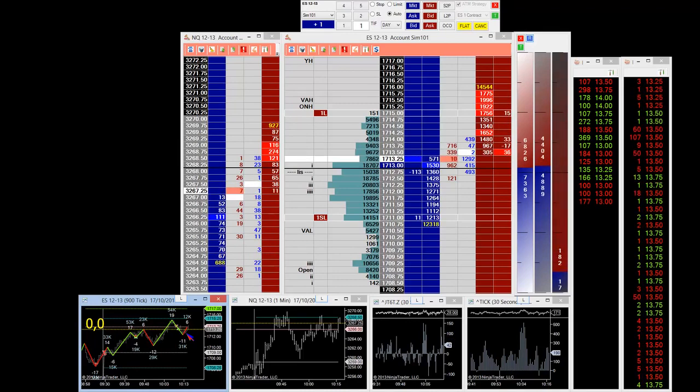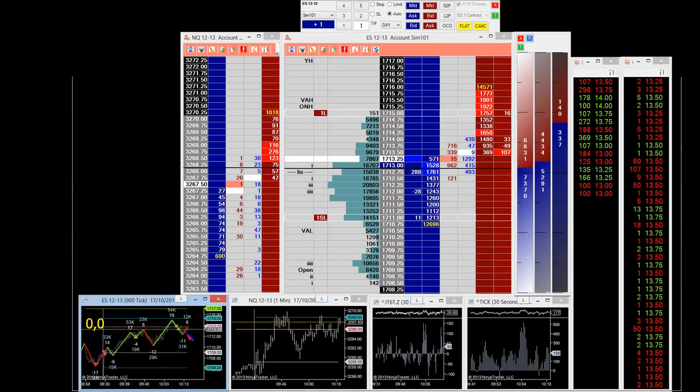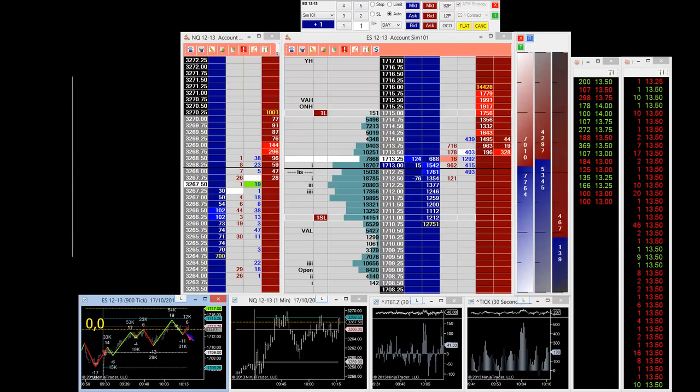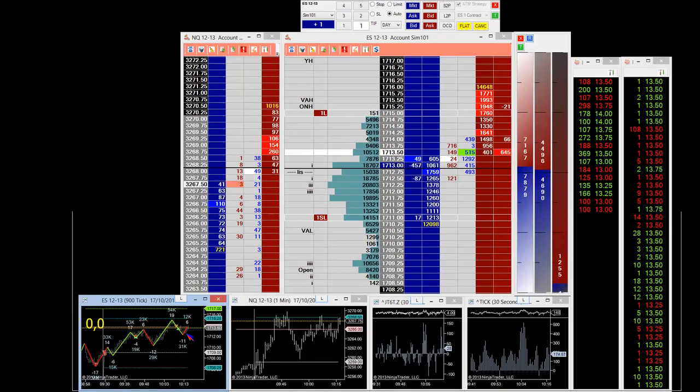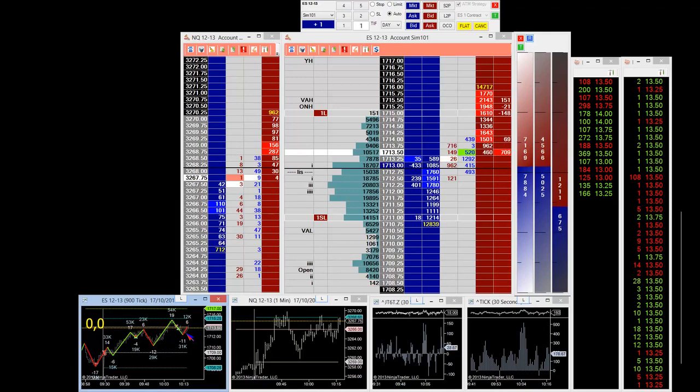Okay, so what we can see now, we entered at 1713. It's gone up to 1714. Couldn't go through 1714. So let's see what happens now. Will it actually tick back through our price? Is it going to go up to 1714 and see buyers start buying into that? We just saw it move up to 1713.75, and just 3 contracts were bought.